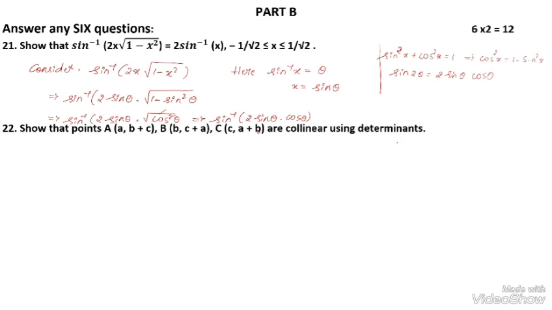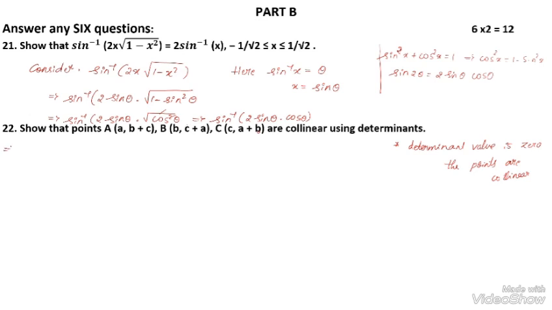We know one of the results: if the points are collinear, then the determinant value becomes 0. So I can show that the determinant value is 0.